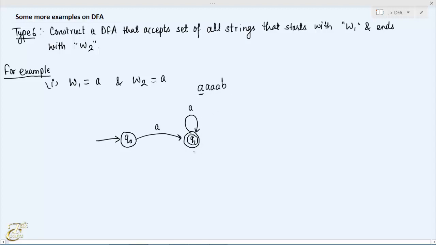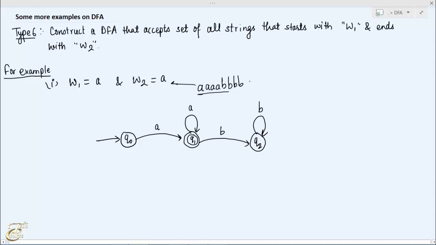In that case, we switch to another state Q2 on the transition B. Since this string does not belong to this language, we do not double circle this state. For any number of B's after this, we just revolve in Q2 on encountering the symbol B.